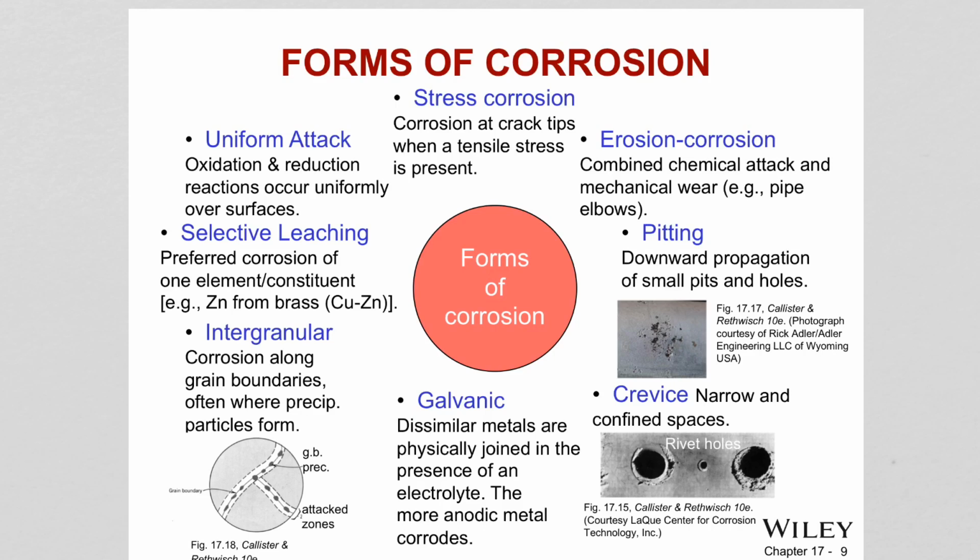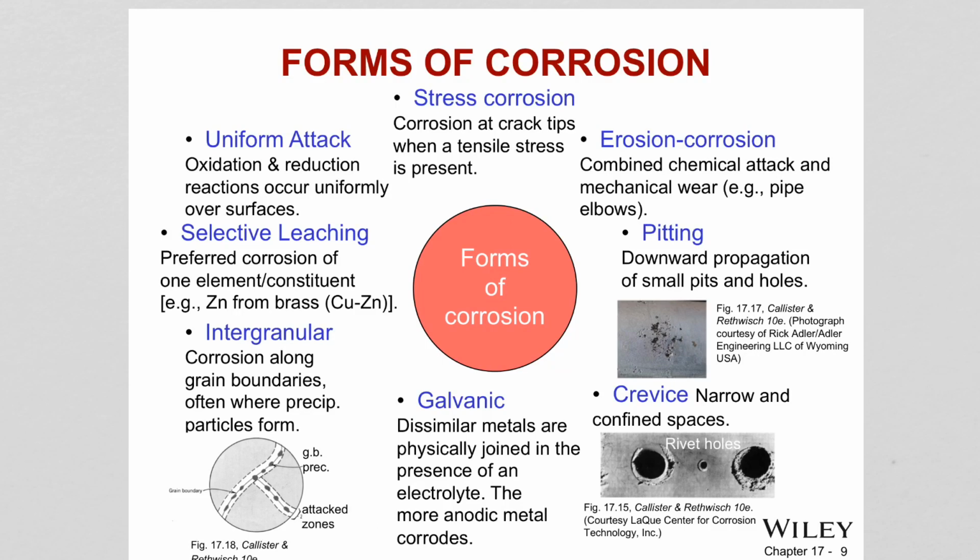And there is stress corrosion. The name will tell you this results from the combined action of an applied tensile stress and the corrosive environment. So both influences are necessary.